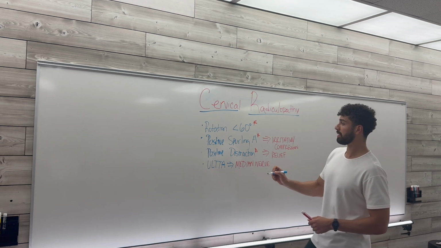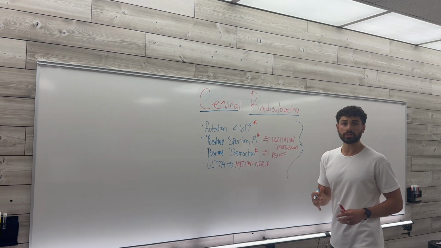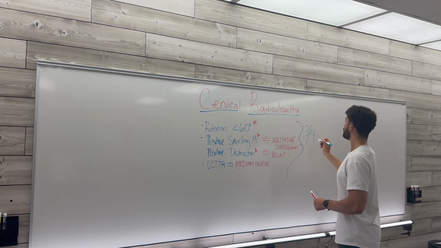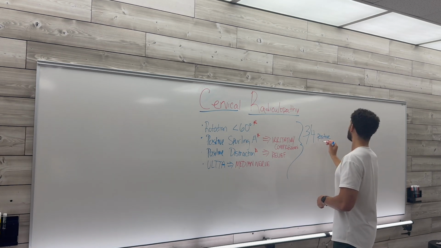Now, what's great about these clinical tests? What's been shown in the literature, so we have 3 out of 4 that are positive. You have a positive likelihood ratio of 6. Now, what does that mean?